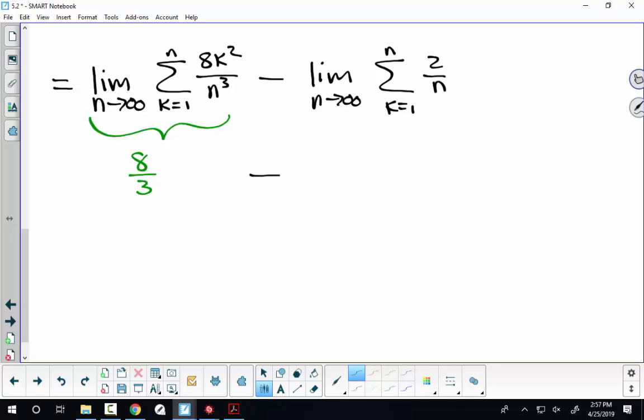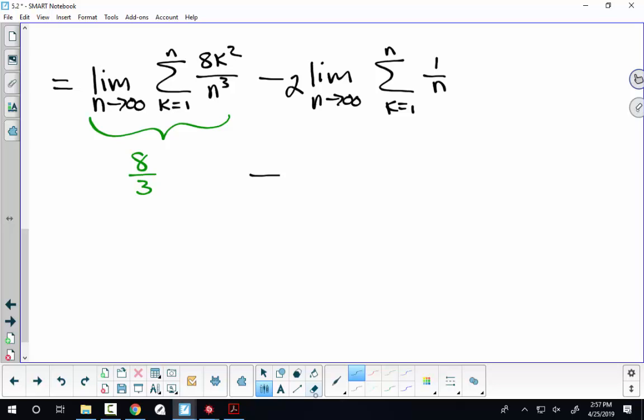And then let's compute the limit as n approaches infinity of the sum of 2 over n. Does everybody agree that the 2 is a constant that we can put out here? We're summing from k equals 1 to n of 1 over n. Notice the expression 1 over n doesn't involve a k, so the summation is not affecting that 1 over n.